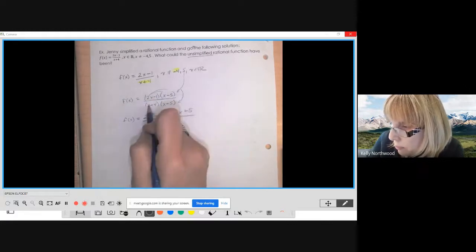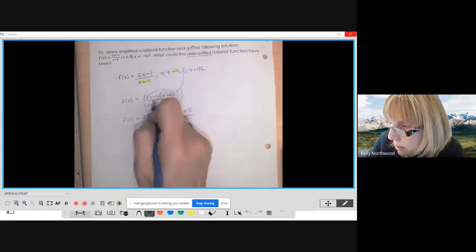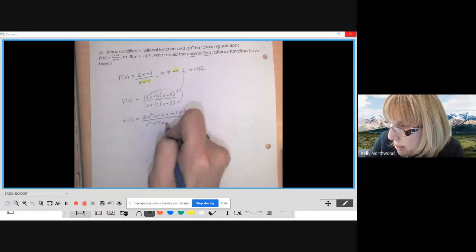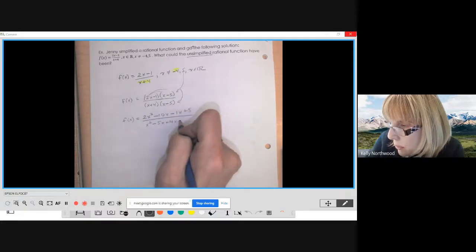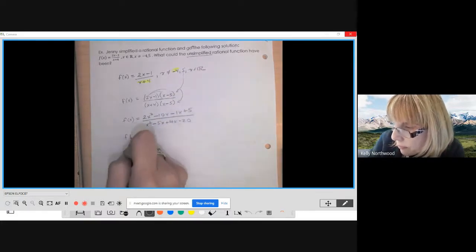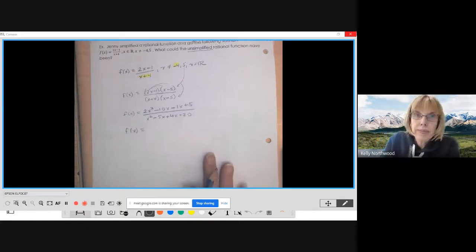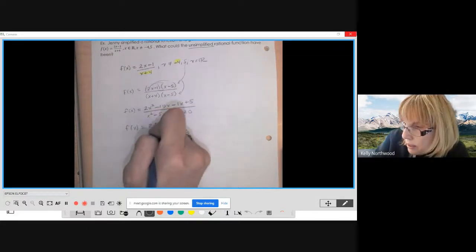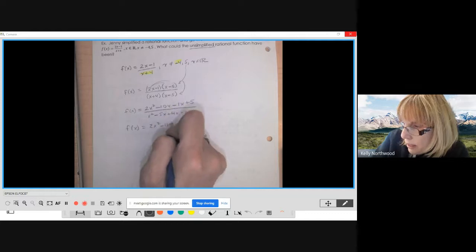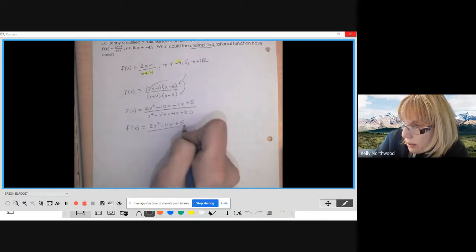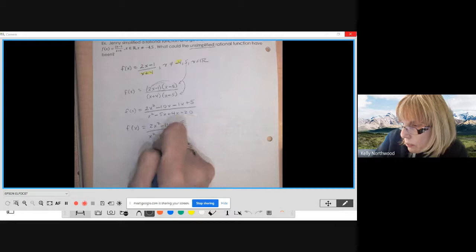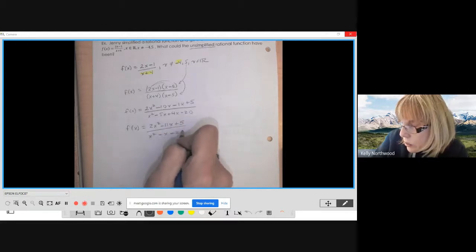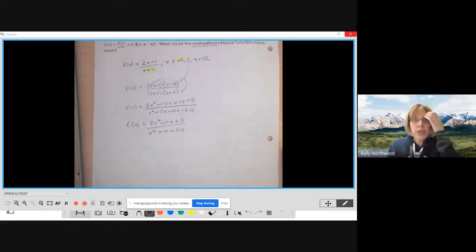And then in the bottom, x squared - 5x + 4x - 20. Combine our middle terms: (2x squared - 11x + 5)/(x squared - x - 20). So that's what the question would have been.